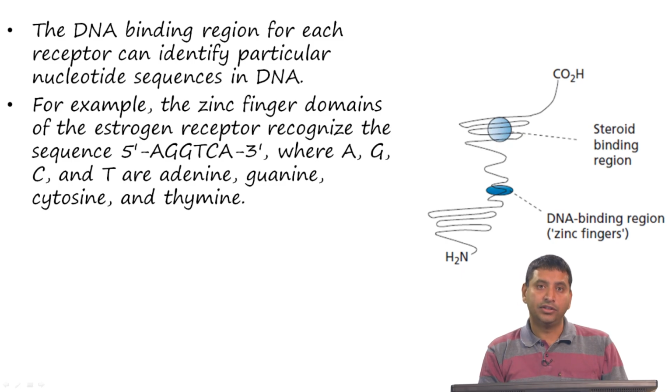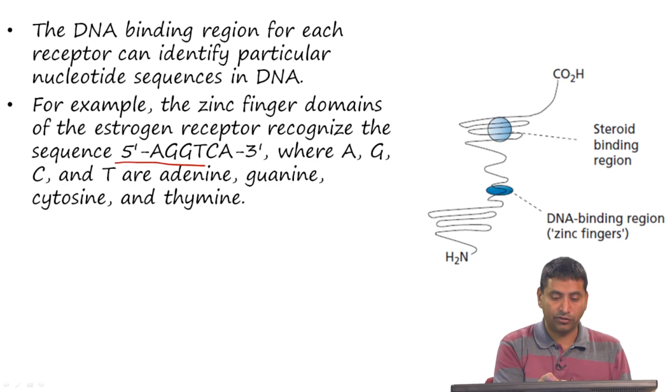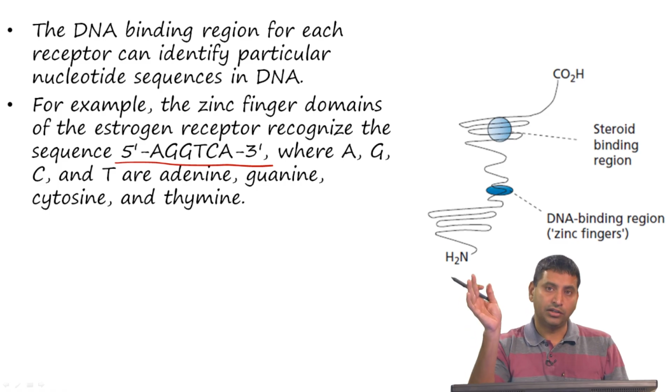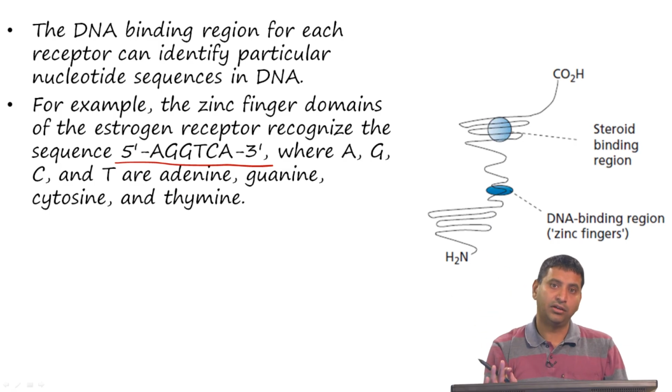The DNA binding region for each receptor can identify a pair of nucleotides in the sequence. For example, the zinc finger domains of the estrogen receptor can recognize this sequence as shown here. Whenever the steroid comes and binds, it exposes the zinc fingers, and the zinc finger goes and binds to the DNA at this particular sequence.